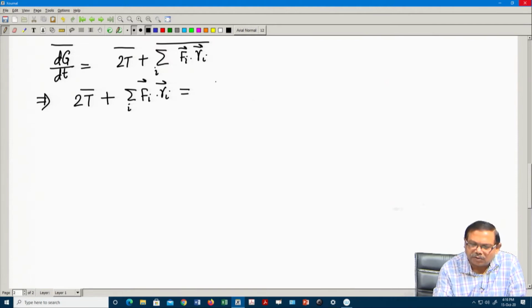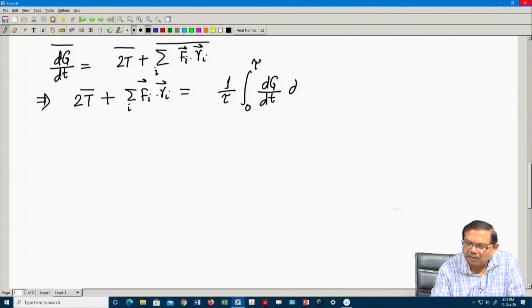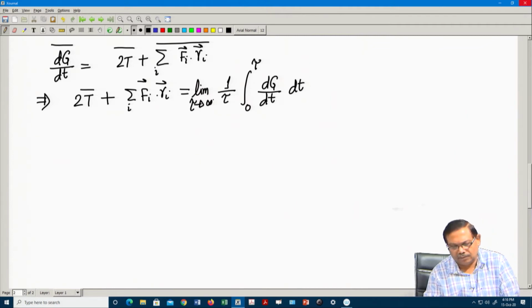The time average of dG/dt is by definition 1 upon tau, integral from 0 to tau of dG/dt, an integral over time, in the limit tau going to infinity.